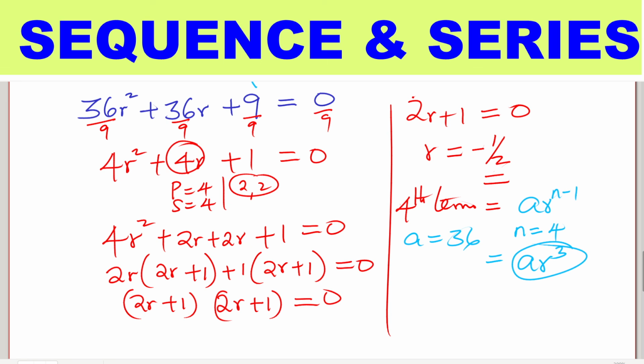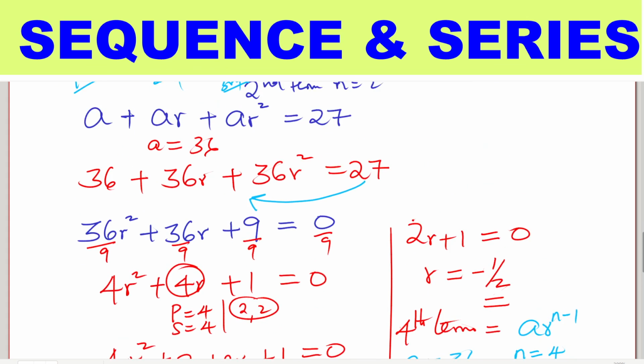So the fourth term will be 36 times r, r is negative half, then cubed. Use a calculator to work this out, and you get negative 4.5. And that is simply how you're supposed to solve that question.